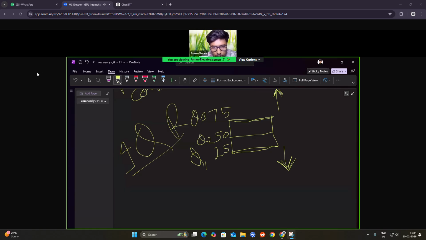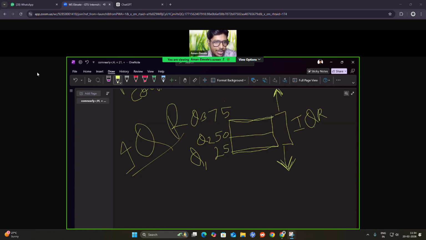So now this is IQR. I agree. But this does not define your box plot.